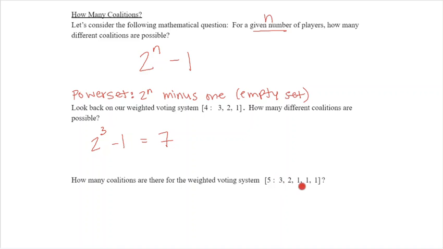Well, we have 1, 2, 3, 4, 5 players, so 2 to the 5th minus 1 is 31. There are 31 possible coalitions. You would have to go through all of them and check and see which of them are winning and which of them are losing coalitions. And that is it for Banzhaf's power index.